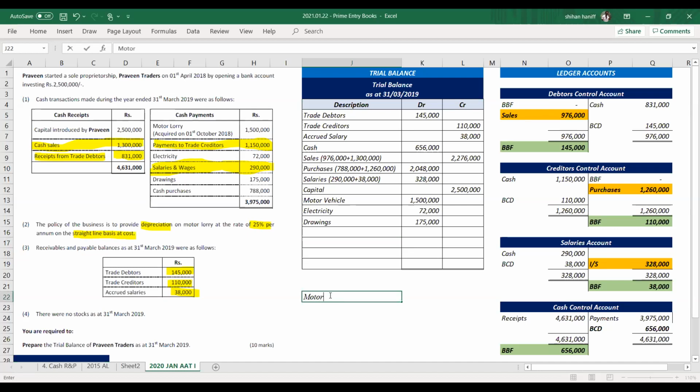Right. So let's do a working for motor vehicle depreciation. Depreciation is calculated as cost into depreciation rate into number of months, the period.